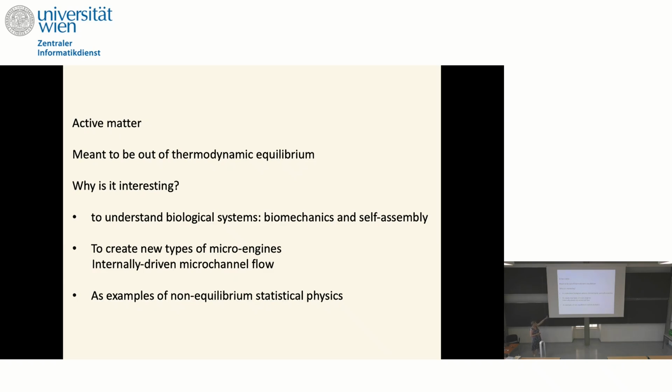But increasingly, people are using these ideas to think about biology. It's a new way of thinking about biological systems, which if you're a theoretical physicist are very awkward because they're so messy, but they have lots of great properties. Can we use the ideas of active matter to understand what's going on in biology? And I put that first because now I think that's the most interesting and exciting question. And the jury's still out on how much and how useful it's going to be.